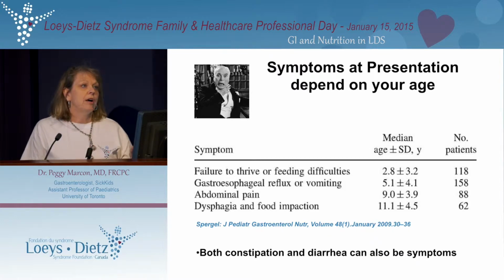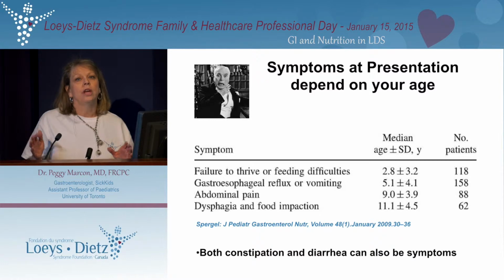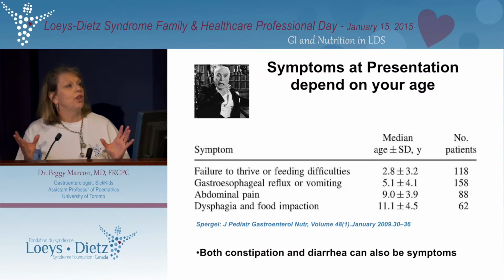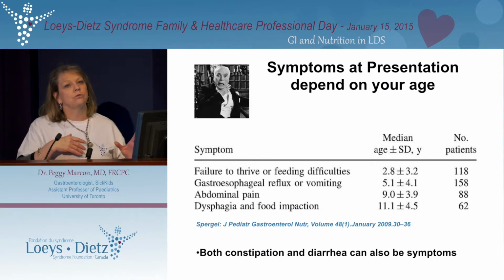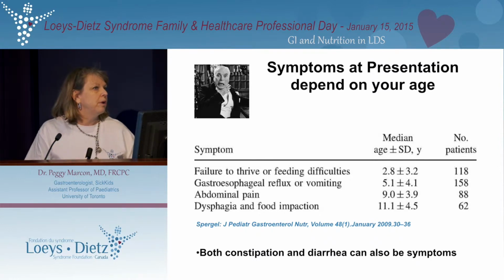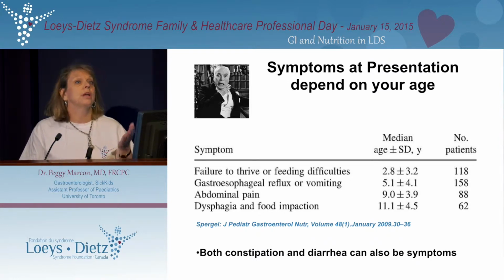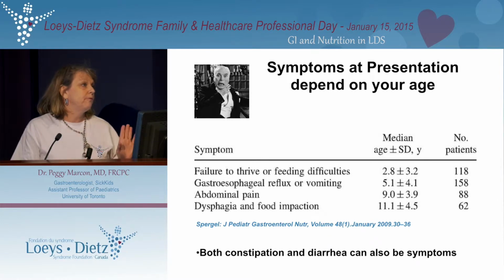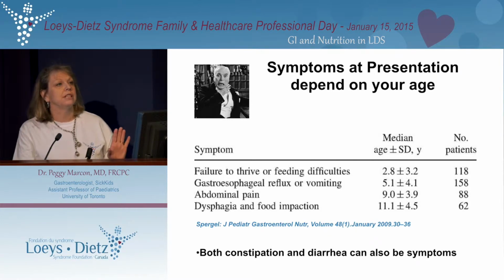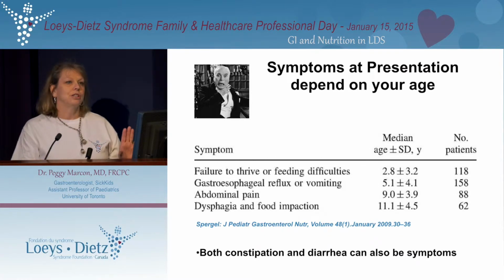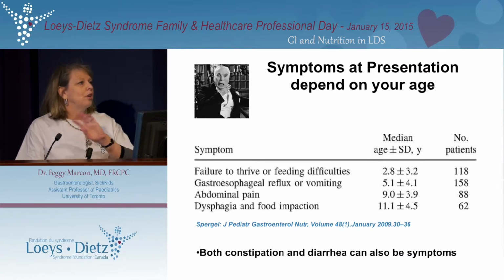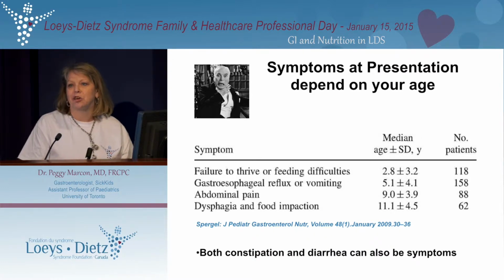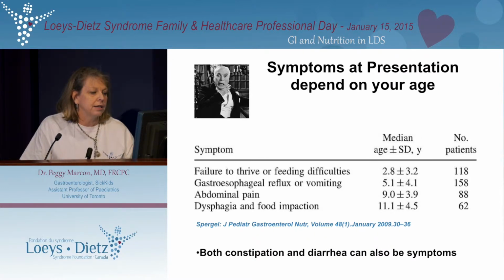You may have a lot of vomiting and what has classically been called acid reflux, which is really not acid reflux. It's protein intolerance that's driving vomiting when they're babies and leading to inadequate calorie intake, leading to feeding behavioral issues. So we'll see children that even when we start to treat them, they still have a lot of behavior related to their feeding, and I'm sure there are families here that have gone through that.